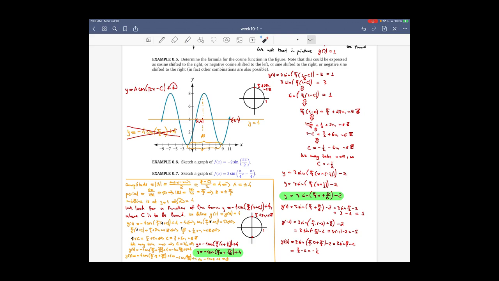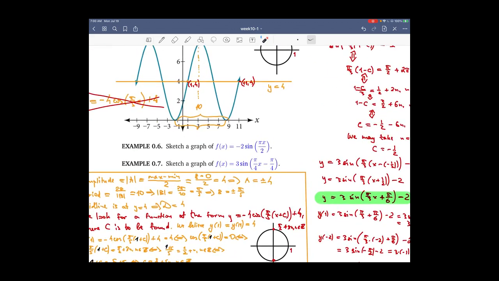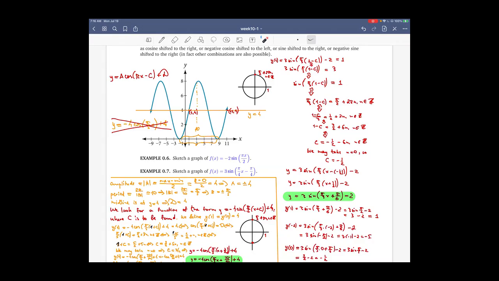All right, what's left to do here is draw a couple of sketches. The first of these sketches is the graph of the function negative 2 sine of pi x over 2.